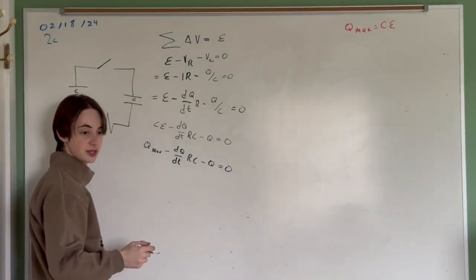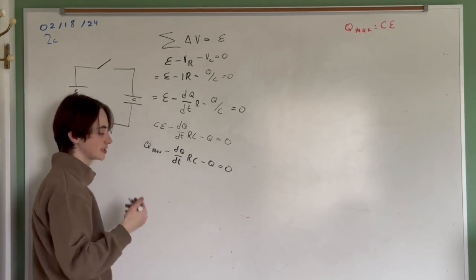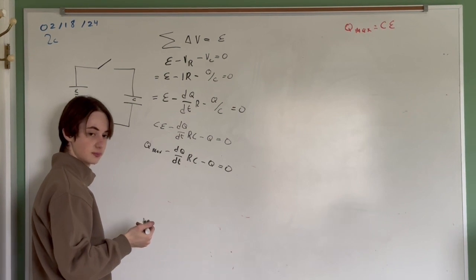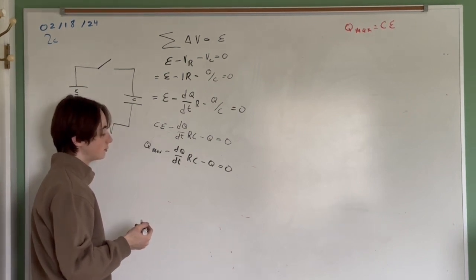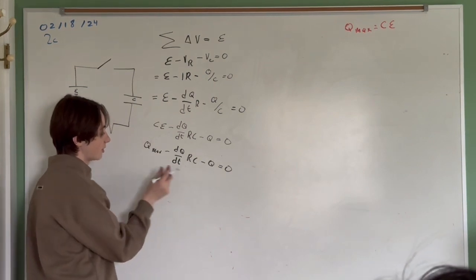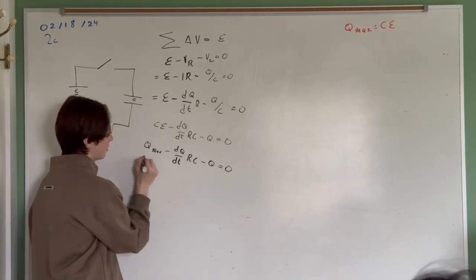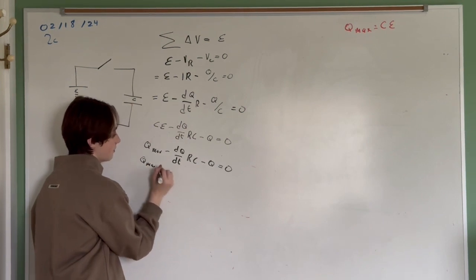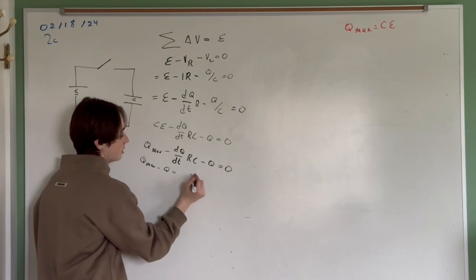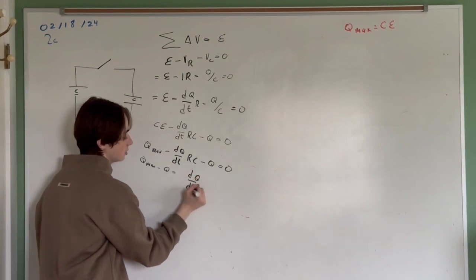Next, we want to separate the differential equation. If we just get this all on one side, we have Q max minus Q equals dq/dt times RC.